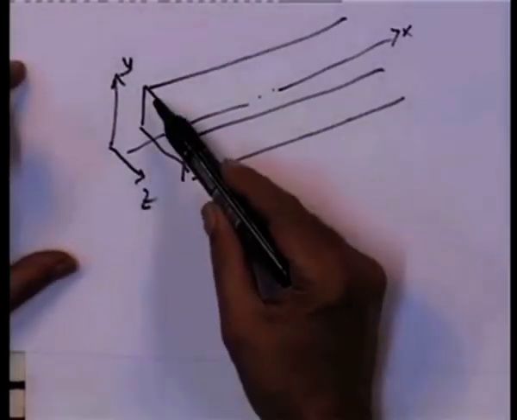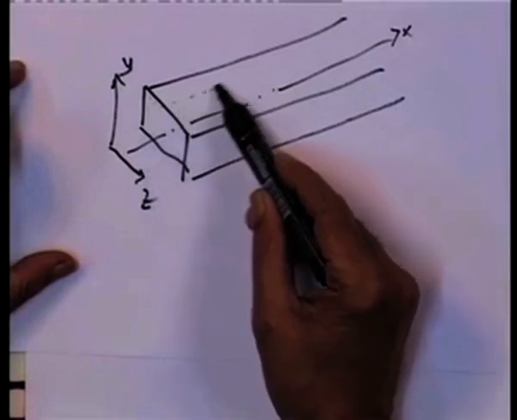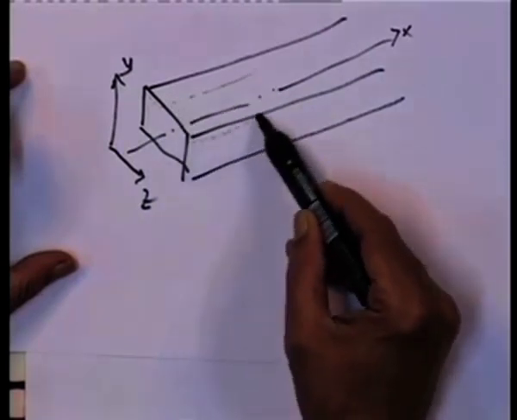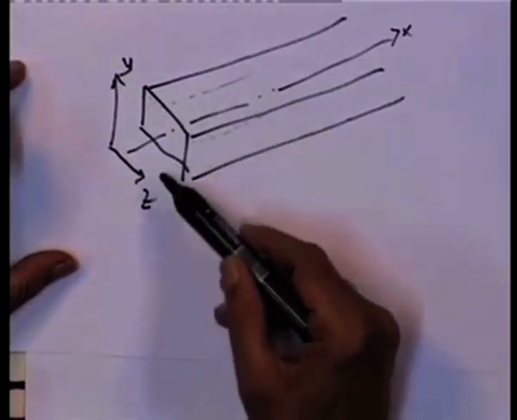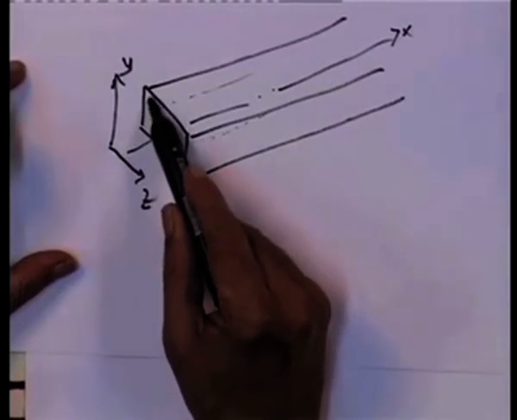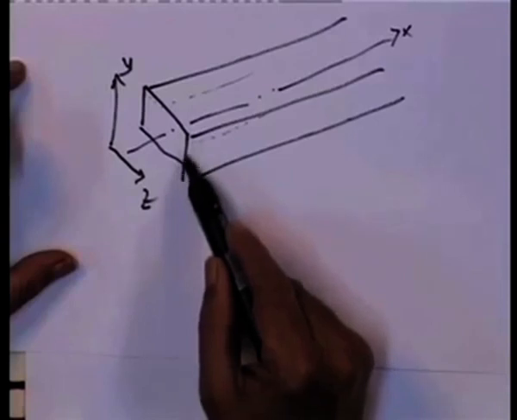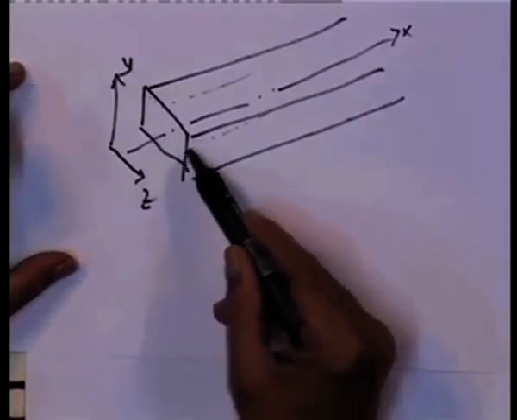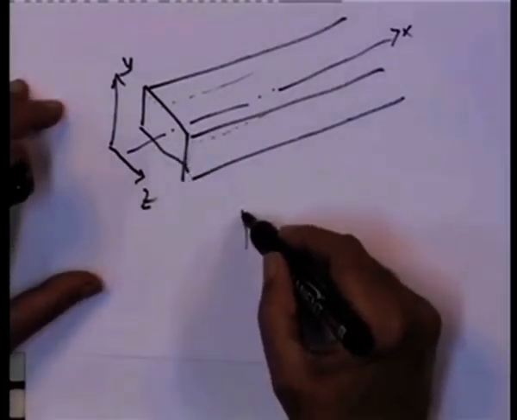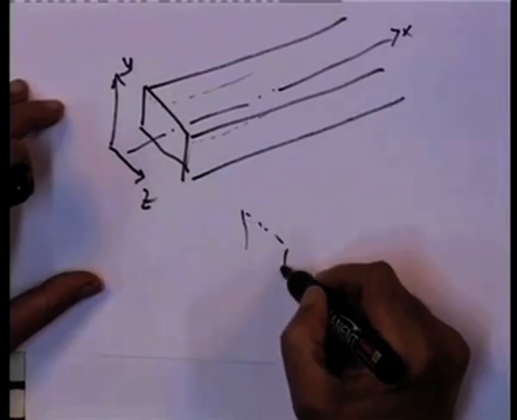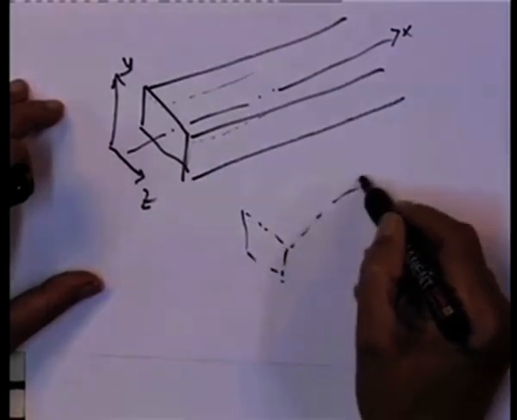Then the boundary layers will develop on the y max and y 0 walls, as well as on z equal to 0 and z equal to z max walls, and therefore, I would have a structure of boundary layers growing like so.